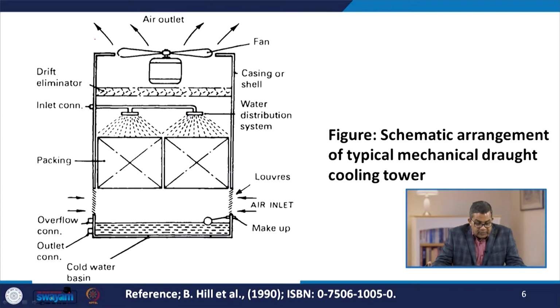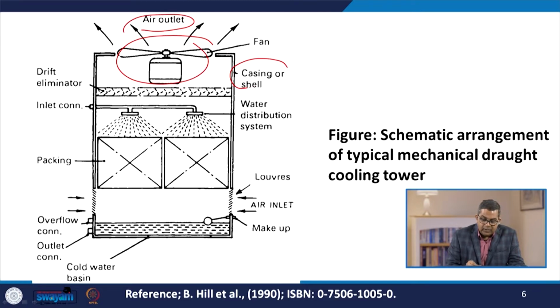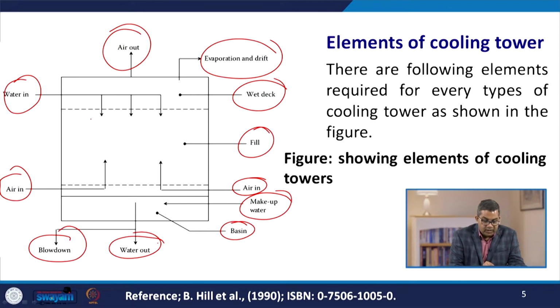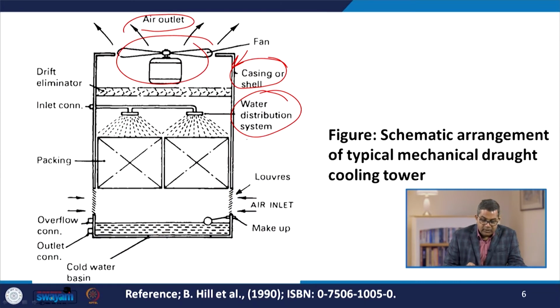This is a more precise schematic arrangement of a typical mechanical draft cooling tower. Here you see that it is supported by a fan to support the air outlet. We have a proper casing, and here we have the water distribution system, through which you distribute the water, and there are certain packings for enhancing the overall heat transfer.